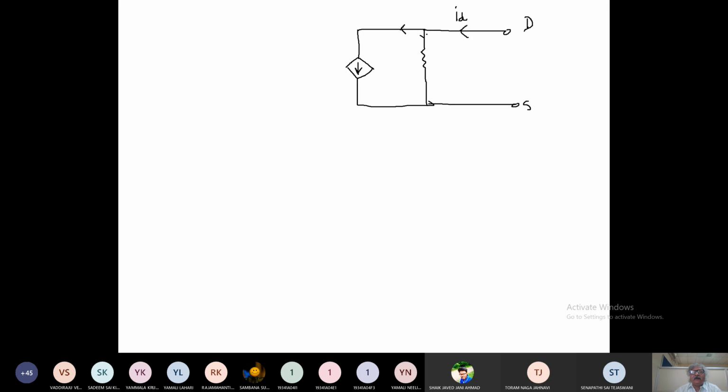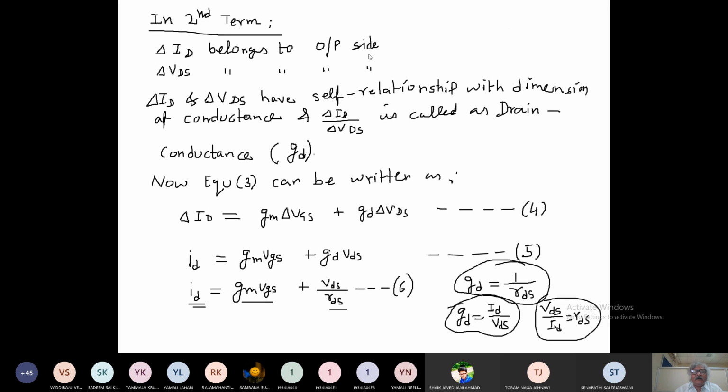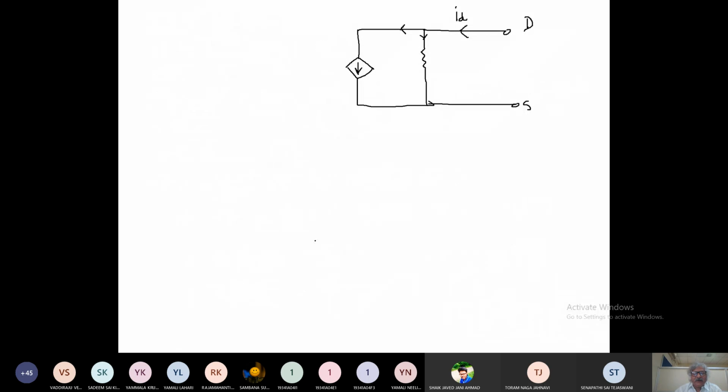One component, which is a current source, you represent by GM VGS, and the other resistance is RDS. Same way as we have drawn the model of BJT.